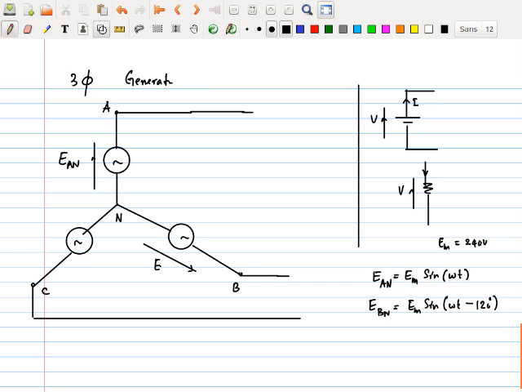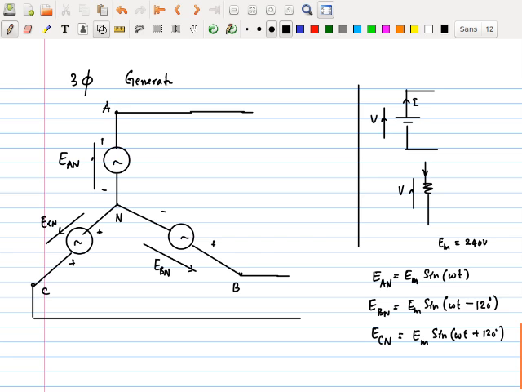This was EBN. This is plus minus, this is plus minus. Then in the same form we had ECN, which was EM sine of omega t plus 120. This is minus, this is plus, and that way it was ECN.